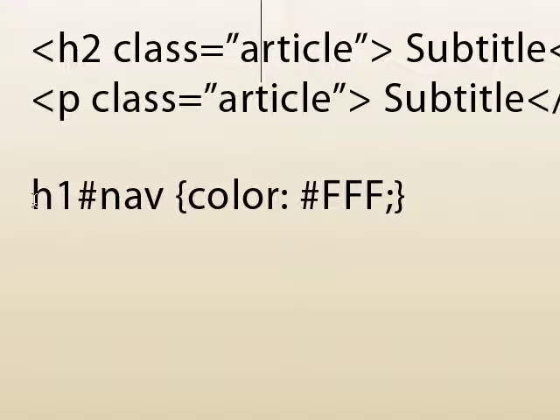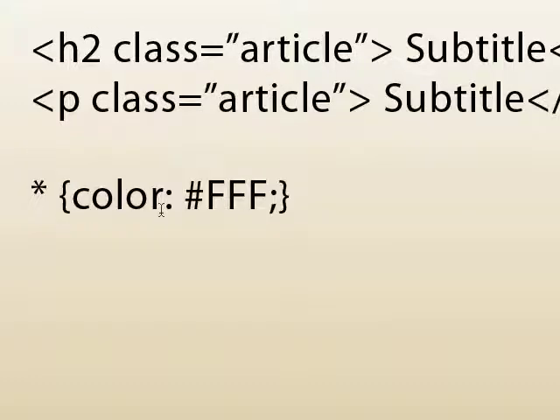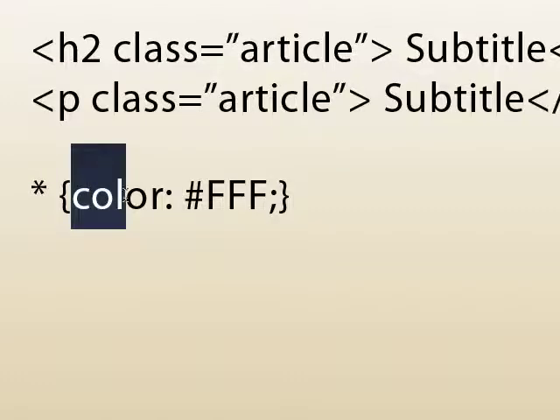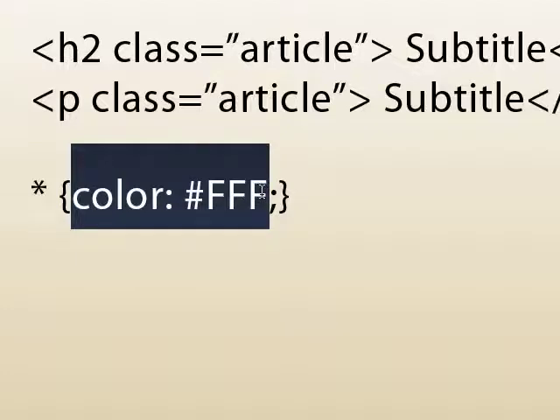Now, there's another kind of selector called the universal selector, and you use the asterisk for it, and that means give everything in the linked documents this color, all the text this color. The thing I like about universal selectors is that I can easily override browser styles that are built in that make my page style in a certain way without me controlling it.